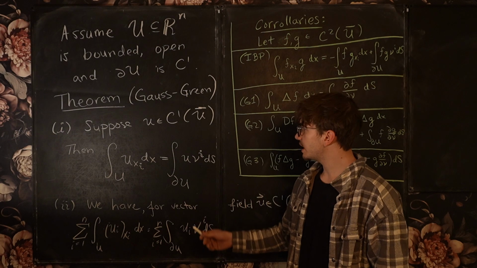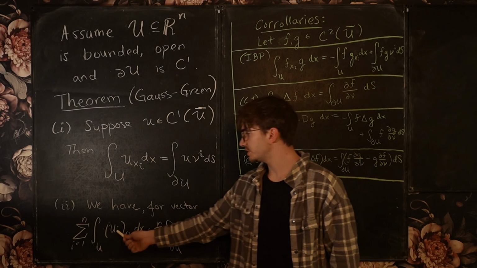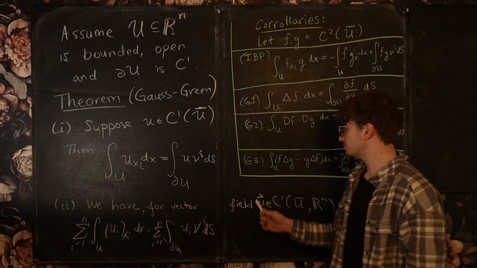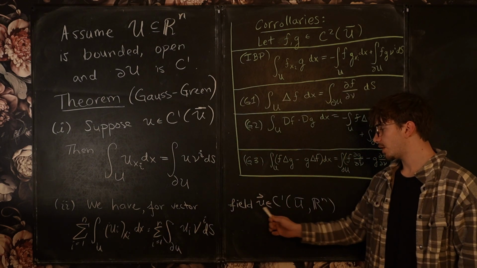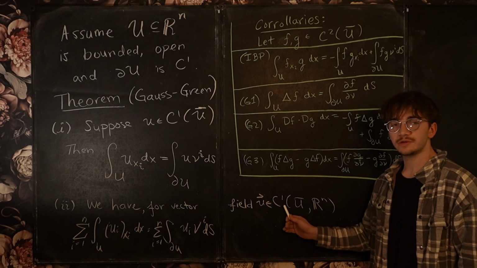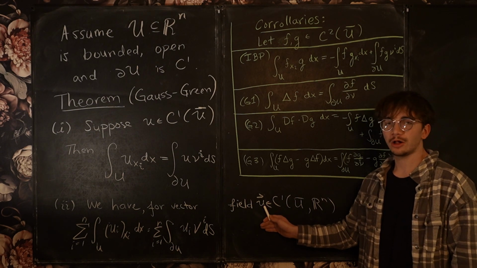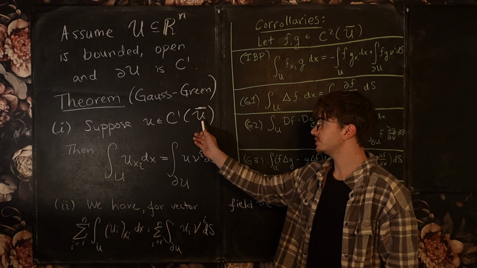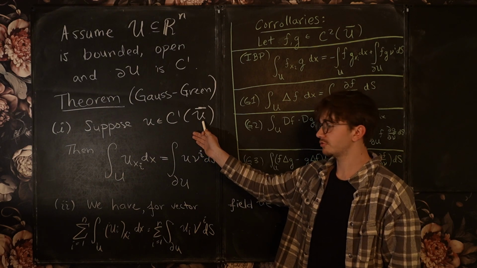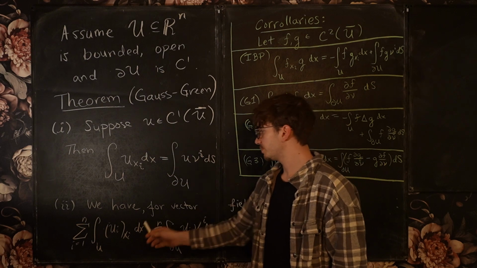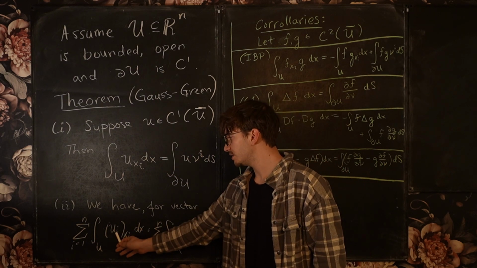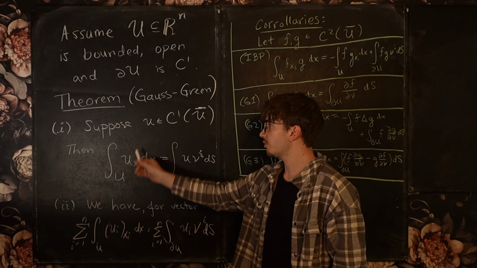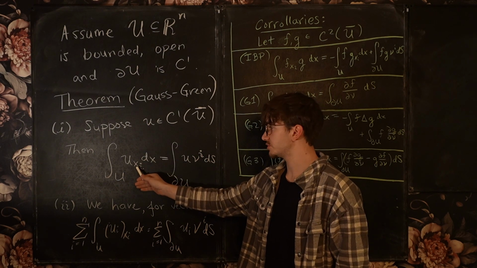Notice that if I just replace U with this ith coordinate function, ui, which, by our assumption that the vector field is C1, is equivalent to assuming that all of its component functions are C1 functions from U closure into the real numbers, I can plug this ui into the formula for part 1, if I know part 1 is true.